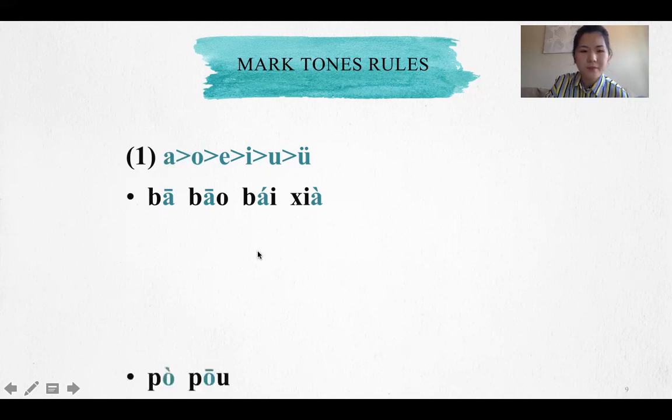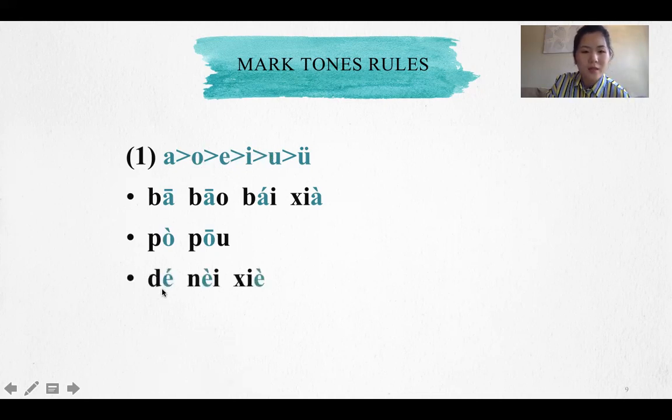A. And then this one, po, there's only one o, so you put it on o. But this one, you have o and u, so you put it on o because o is in front of u, right?